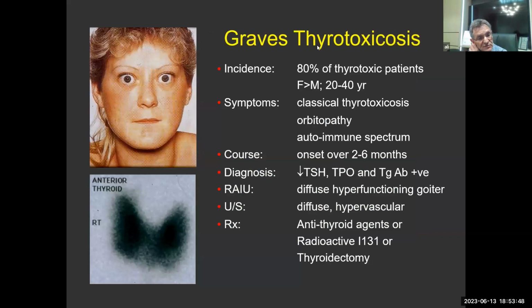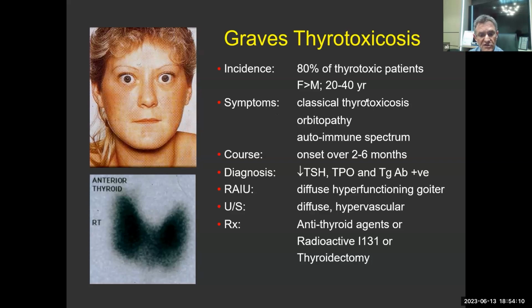So Graves' disease is probably one of the commonest diseases of hyperthyroidism, more commonly occurring in females aged 20 to 40. 80% of patients with thyrotoxicosis will have Graves' disease. They present with the classical features of thyrotoxicosis.